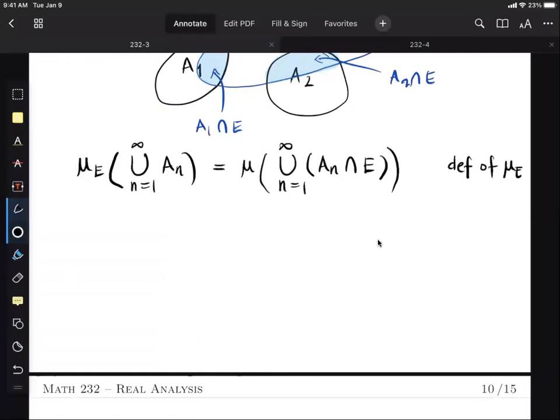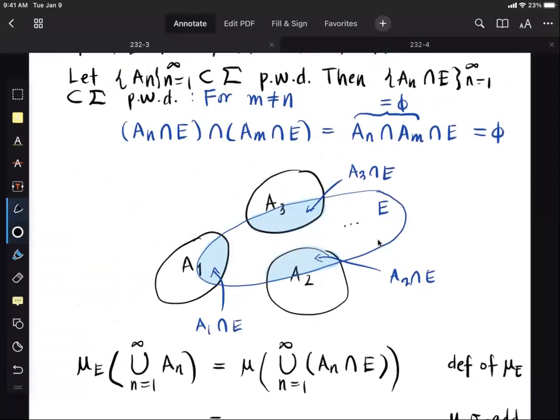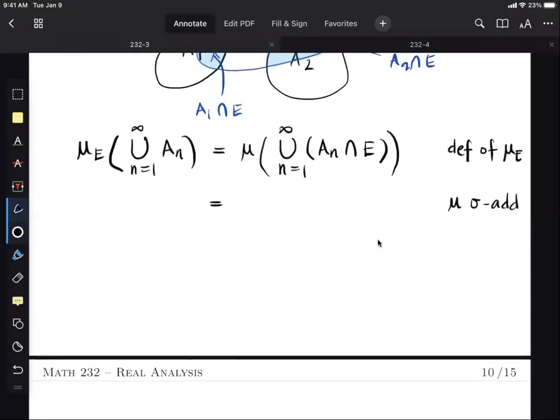And here you now use the fact that mu being a measure, it is sigma additive, and we know that the collection A_n intersection E is pairwise disjoint. So the measure of the countable disjoint union is the sum of the measures.